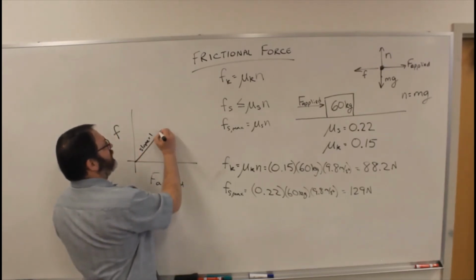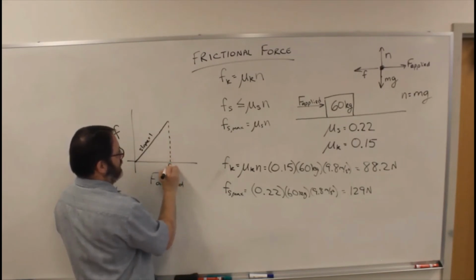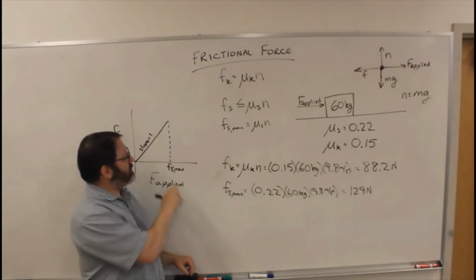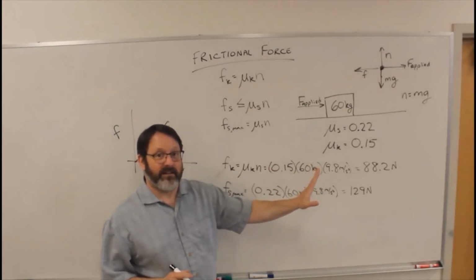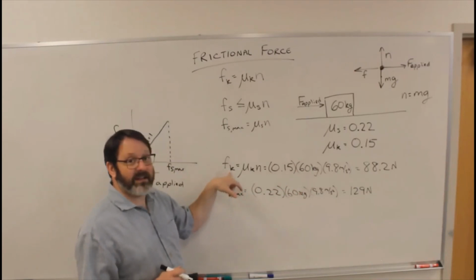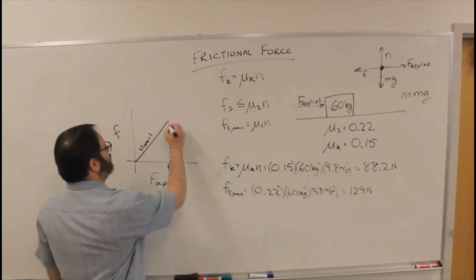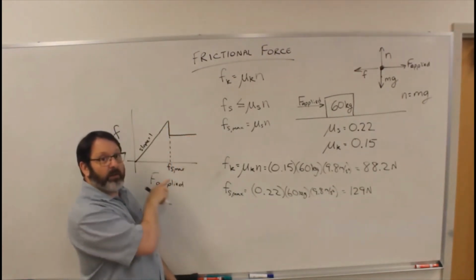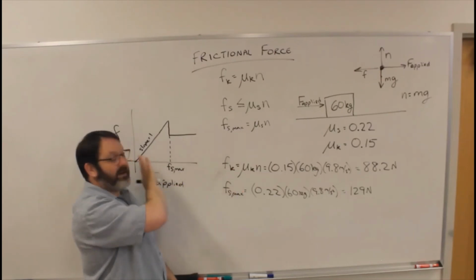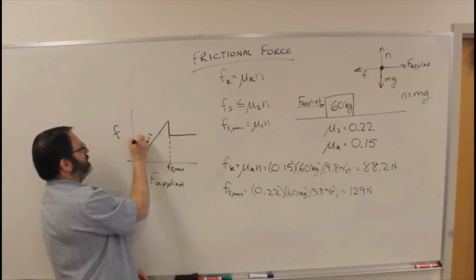That will continue to go up and up until I hit that Fs max. As soon as I hit that Fs max, then it will start to slide. And once it starts to slide, now it's kinetic friction. So it will suddenly drop to some other value that no longer depends on how much force I apply.